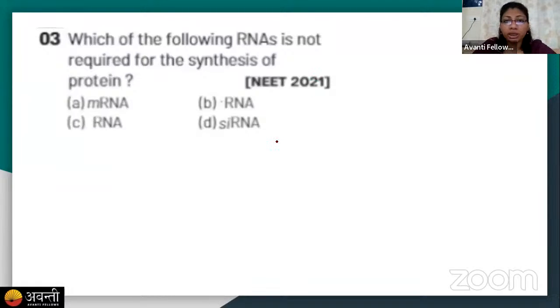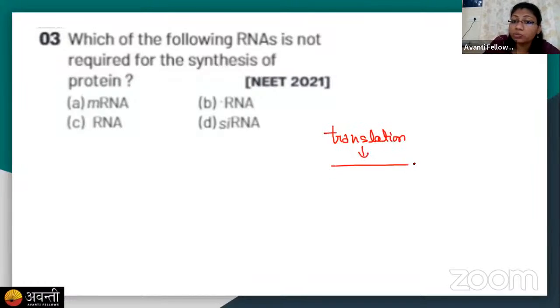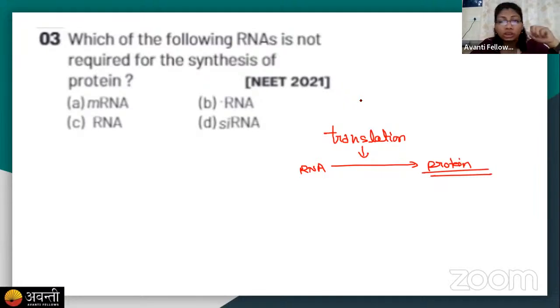The third question here is asking, which of the following RNAs is not required for the synthesis of protein? Here, now we are going to talk about the process of translation, in which we have to convert RNA to protein. That means we have to go for the protein synthesis, right? Now, in this question, we have been given four options.